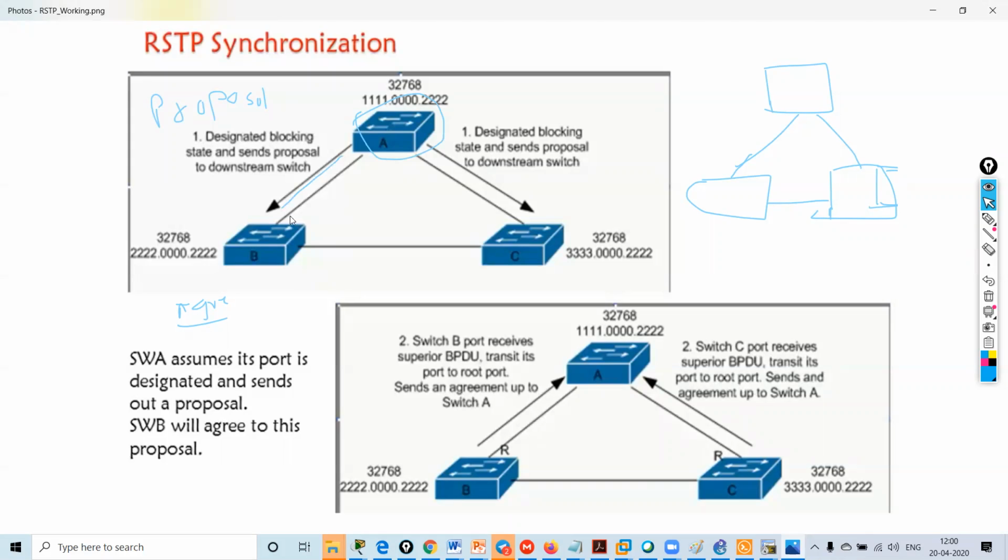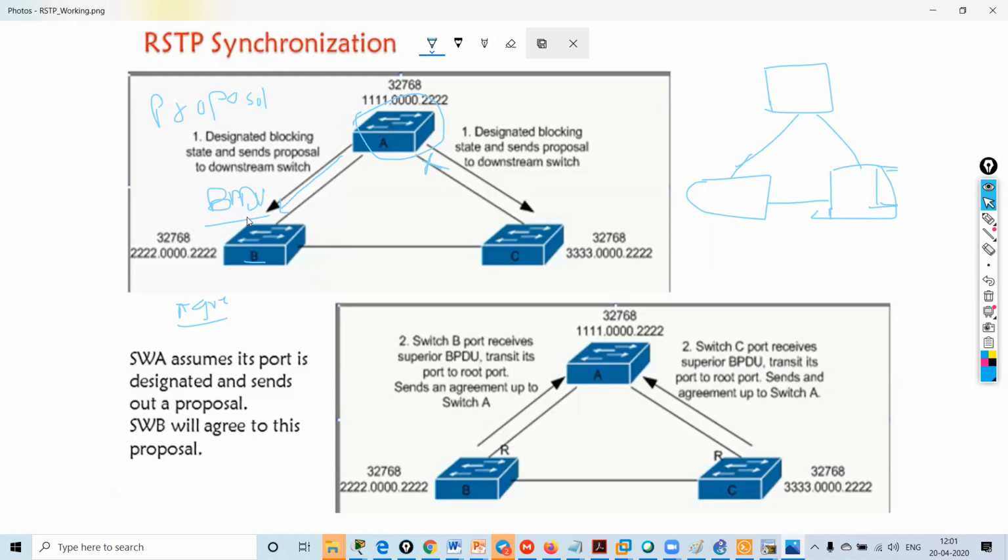It will send a proposal message to switch B, a BPDU proposal, and it will block this link while sending to switch B, so it cannot receive any BPDU messages.